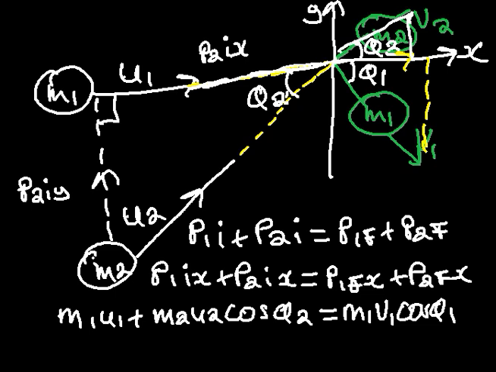The x component is going towards the positive direction, so we'll have a plus, and that will be given as m2 v2 cos theta 3. So that will be the formula for the momentum along the x-axis.